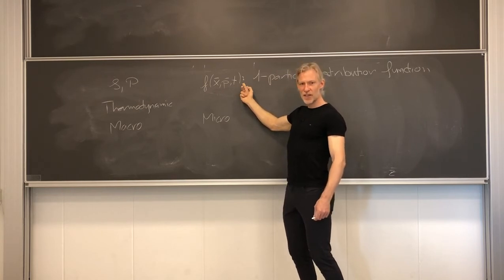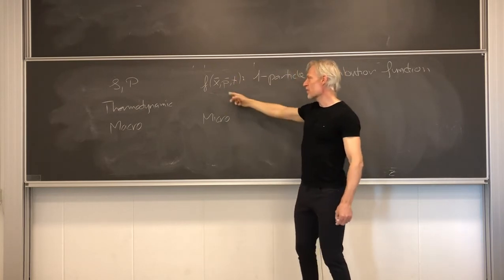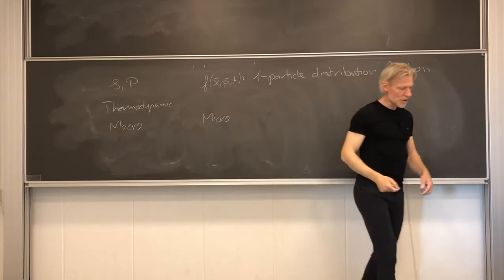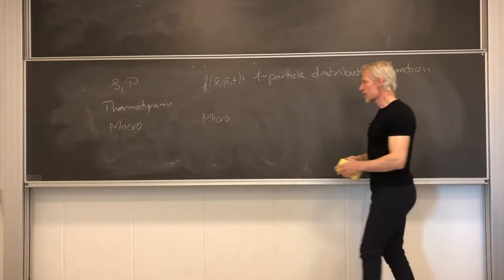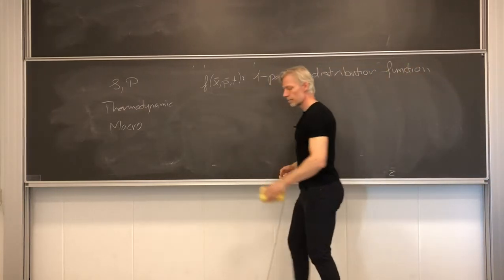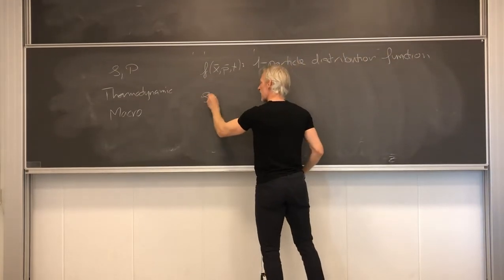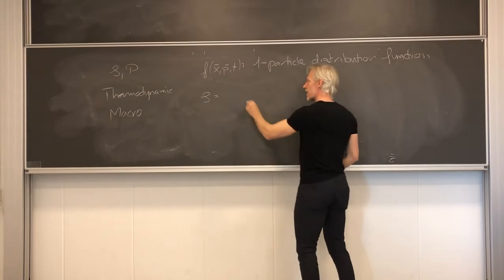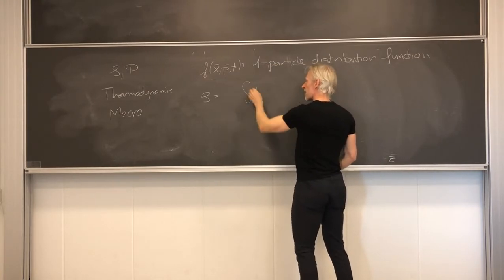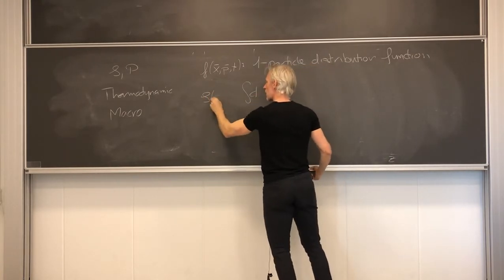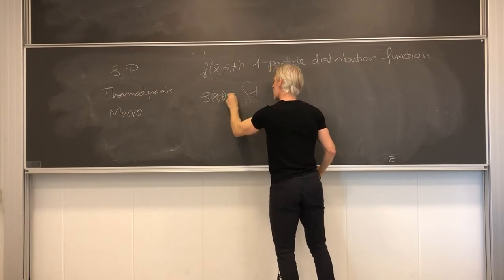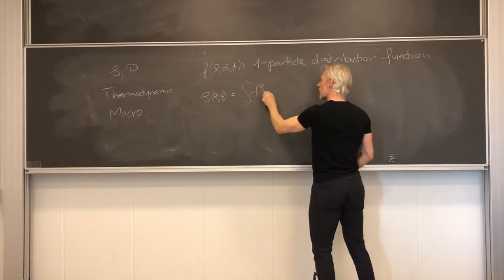And of course, you can construct all macroscopic quantities from this one particle distribution function through simple phase space integrals. So for example, if you wanted something like the local energy density, at some point in space, you would need to do an integral over momentum space.